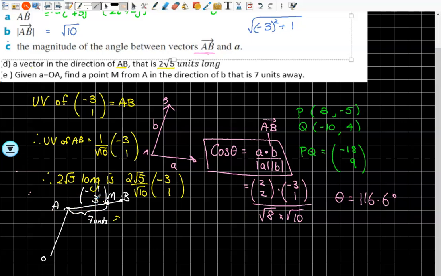Not so much ratio. This is 7 units. It's basically this question here. Find the unit vector and times it by 7. But can you see it's the same question but just worded funky? And that is why you need to do, again, so many of these questions.